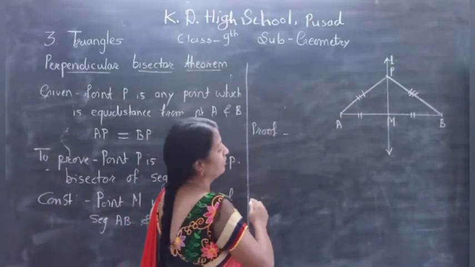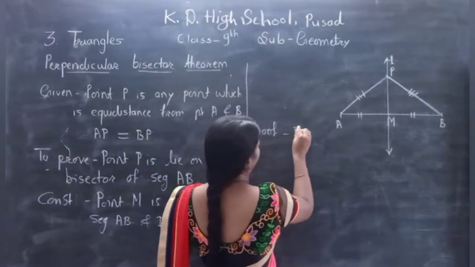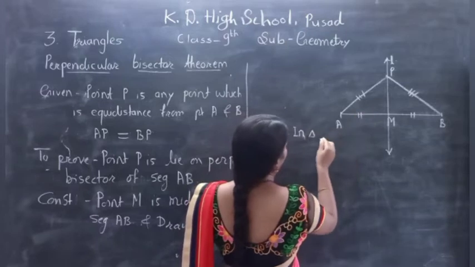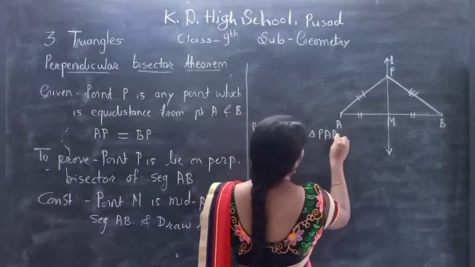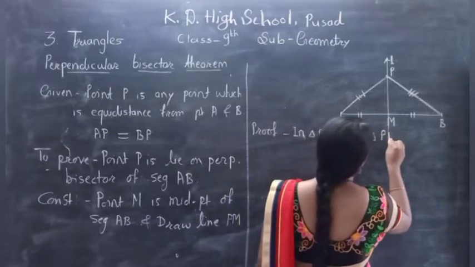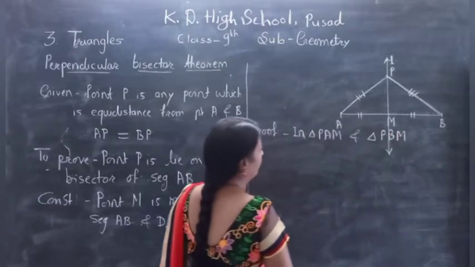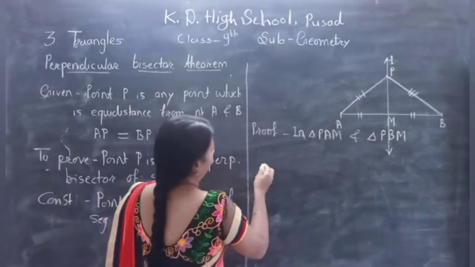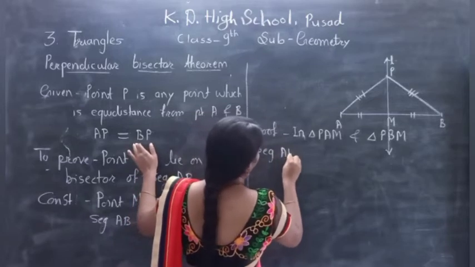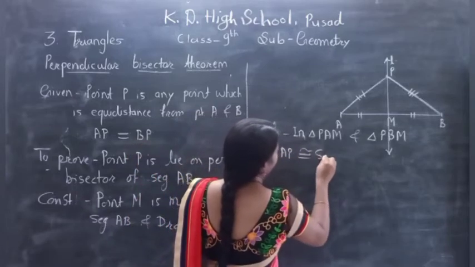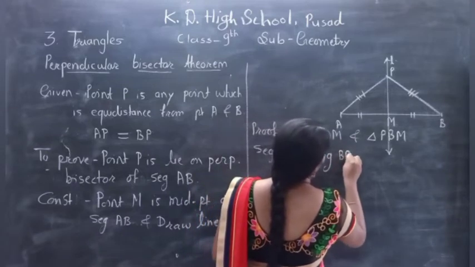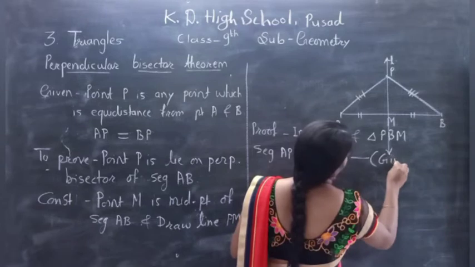We write this statement first of all. So in triangle PAM and triangle PBM, segment AP is congruent to segment BP. That is the given.